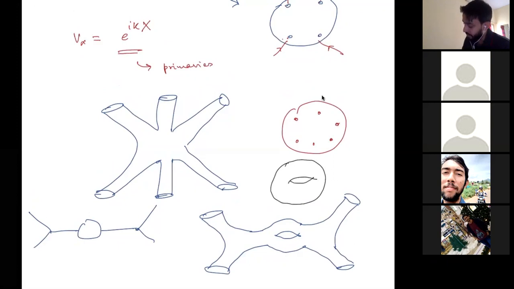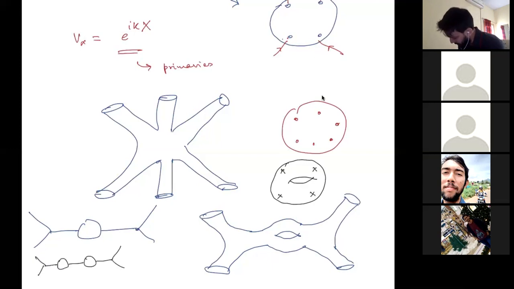Then you can put these extra insertions out here. And as you go on, if you want the equivalent of a two-loop amplitude, then the string theory equivalent will be something like this, where you have two of these here, and you have to insert two guys here and two guys somewhere else.